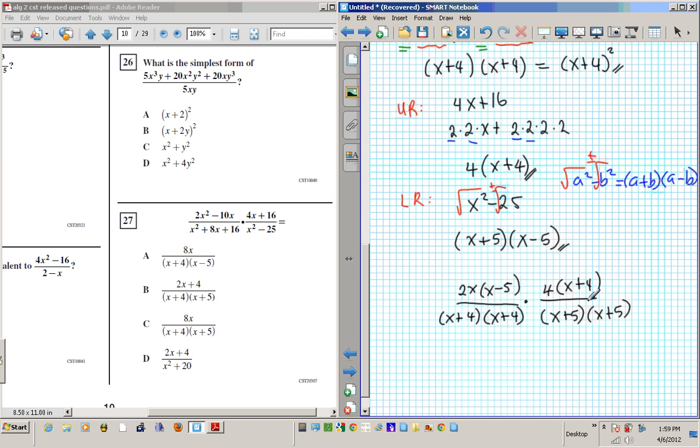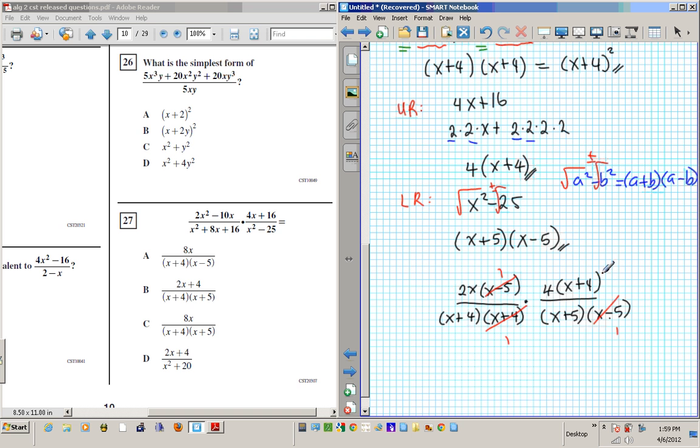Alright, so let's see what cancels here. I can't see any that cancels out because I made a mistake. If you notice, the lower right is x plus 5 times x minus 5. Alright, sorry about that. X plus 5, x minus 5. Okay, so this cancels, goes into itself once, goes here once.